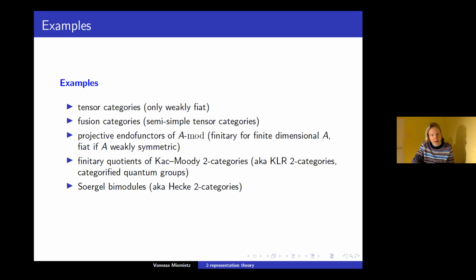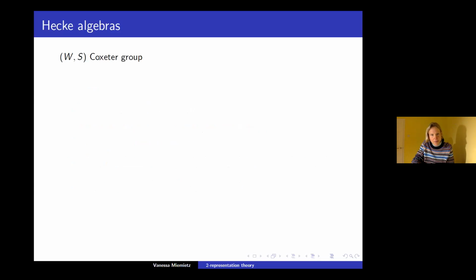Okay, so since Soergel bimodules are the motivating example, I want to talk about them a bit more now. And before I can talk about Soergel bimodules, I need to talk about Hecke algebras. So to get a Hecke algebra, we take a Coxeter group. So that's a pair of the group together with the set S of simple reflections. And it has this nice presentation that simple reflections, well, they're reflections, they square to 1.